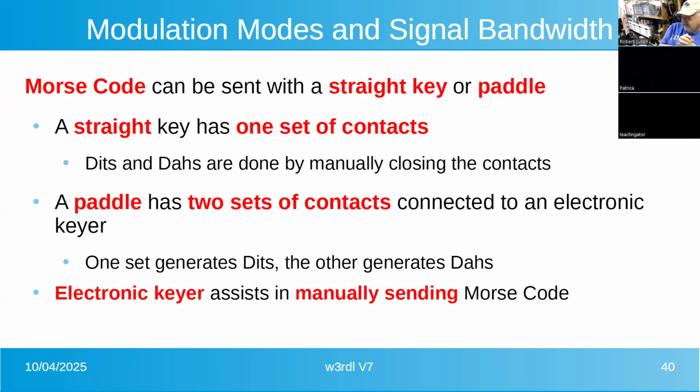Now, I'm not exactly sure when they came up with the paddle, which is two sets of contacts, and they're usually side by side instead of vertical. If it's hooked up to an electronic keyer, which can be a separate box, or a lot of the modern radios, I would say most of them, have a built-in electronic keyer. So when you press on usually the left paddle, it will generate DITs at the proper spacing, as long as you hold it.